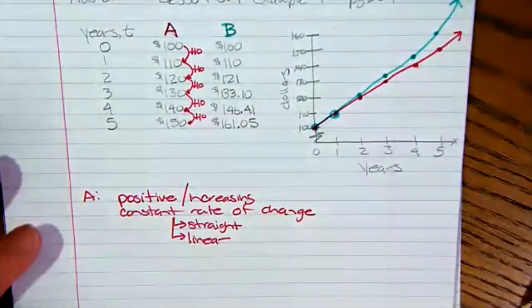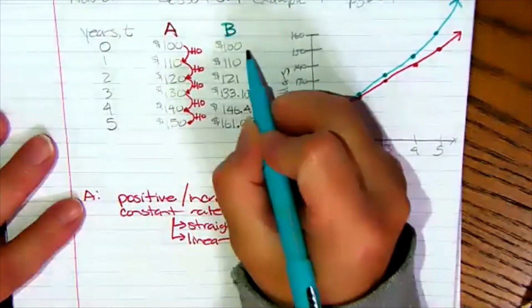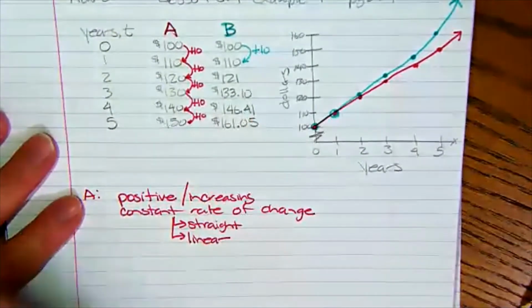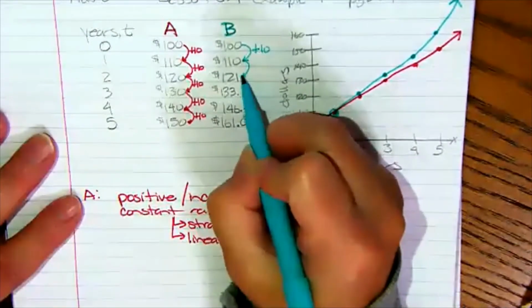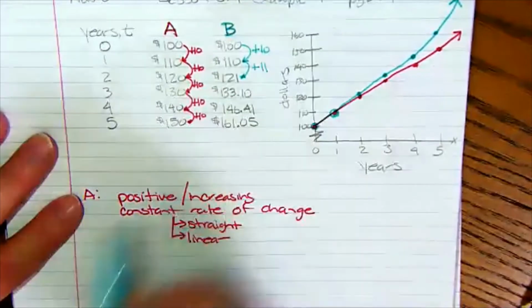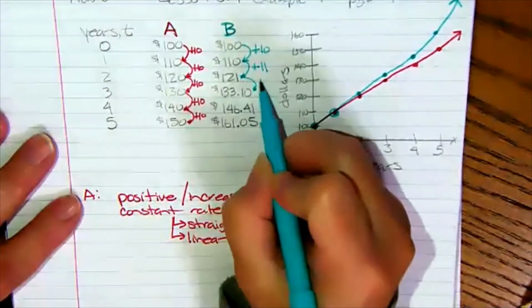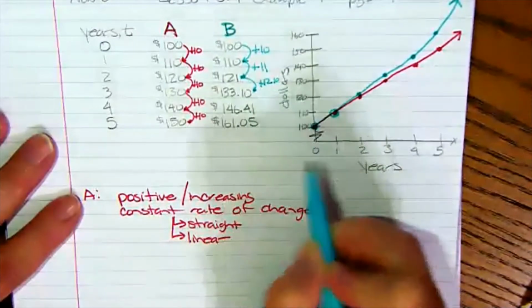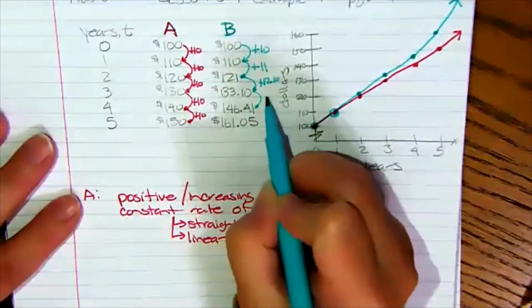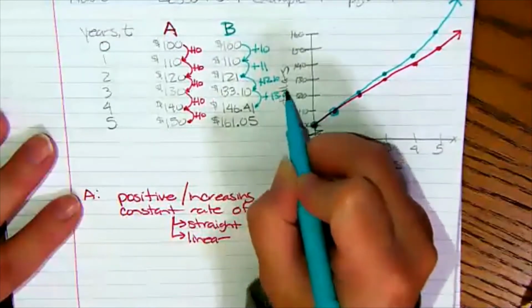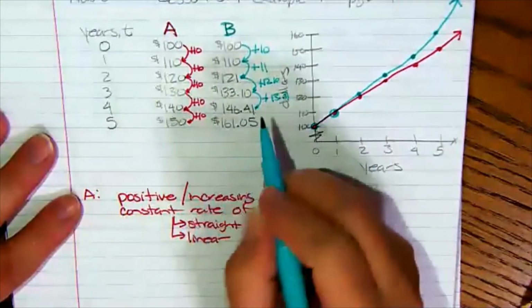But just to be sure, I'm going to check my rate of change. Plus 10. Plus 11. Plus $12.10. Plus $13.31.